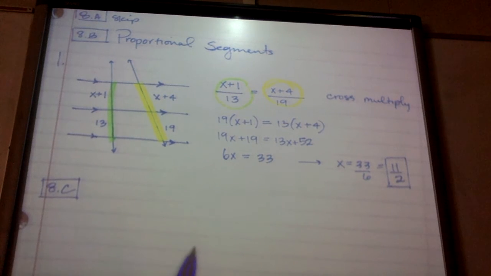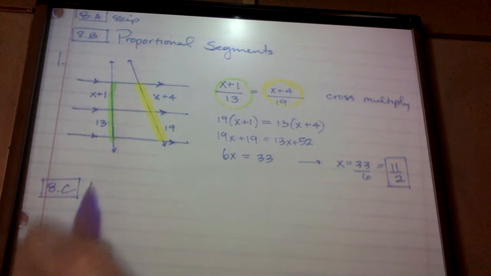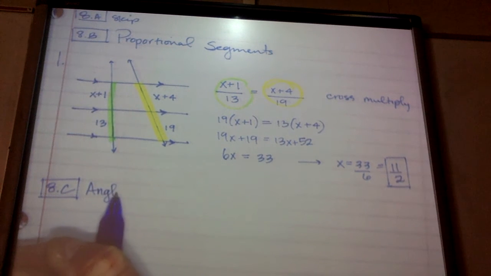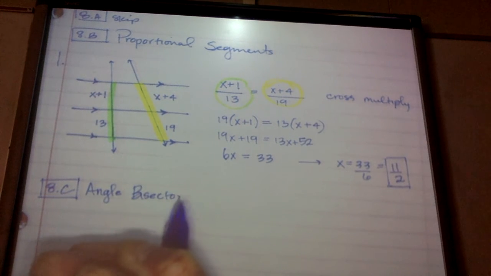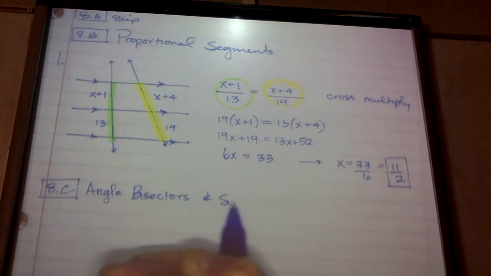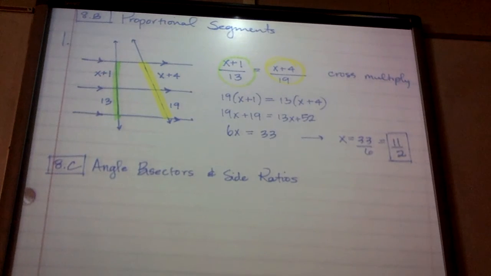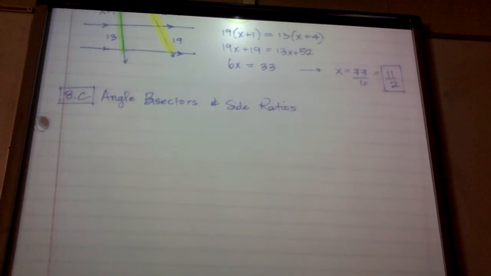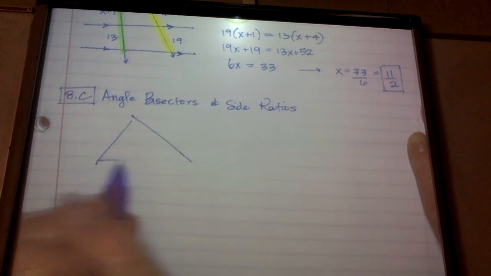In 8.C, it's proportional triangles. But it covers, that occurs when we bisect an angle, so angle bisectors and side ratios. So in this section, they cover that if you have bisected an angle, so here's a large triangle.